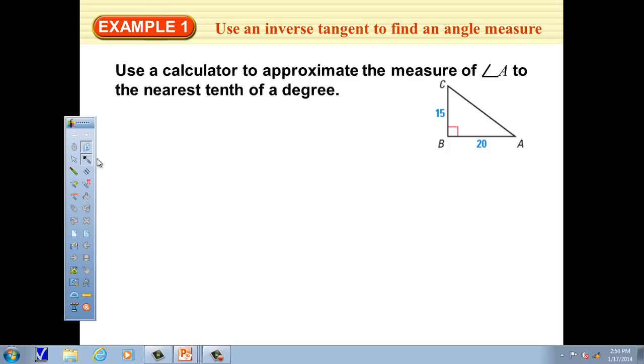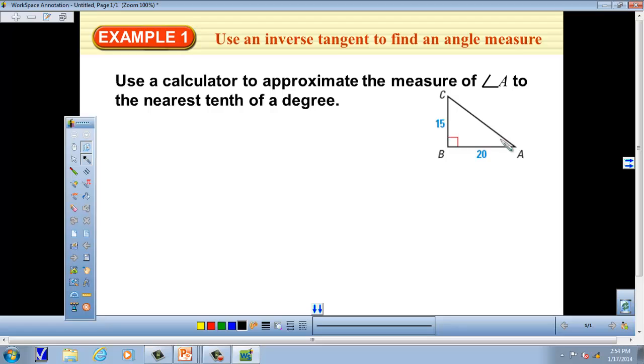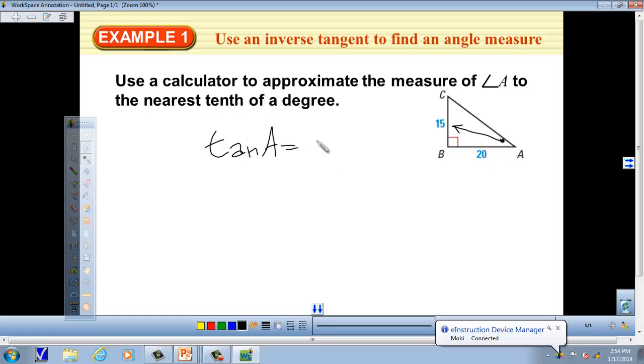So what we want to do is find out what this angle is right here. We know that the tangent of A is equal to opposite over adjacent. So tangent of A is 15 over 20, or these are both divisible by 5, and so it would be 3 over 4.